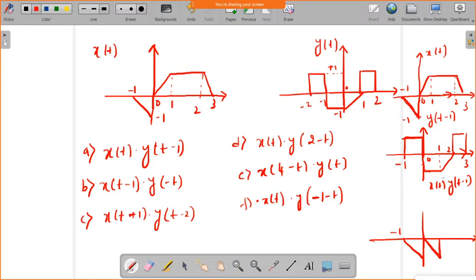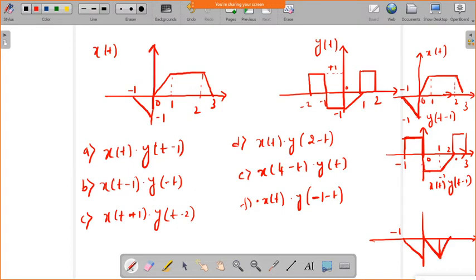Now from 1 to 2 it is plus 1, and here the ramp is going from minus 1 to 0. So this is the positive ramp. Here the value 1 is multiplied by t, which always gives t.